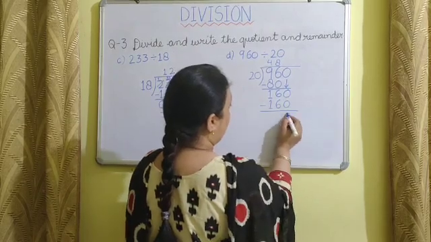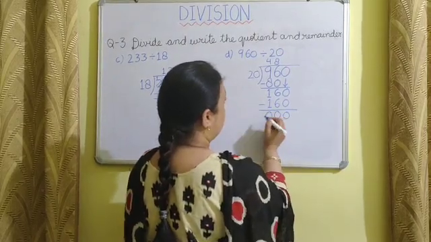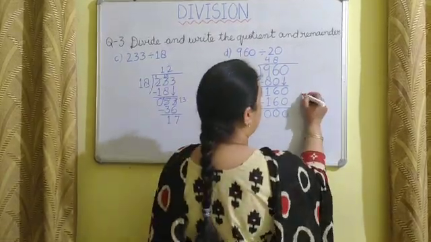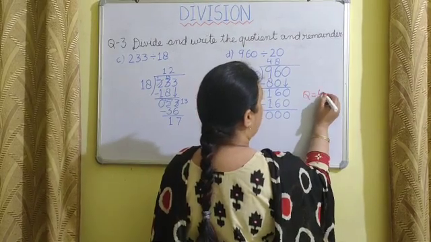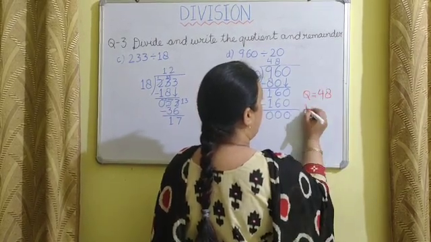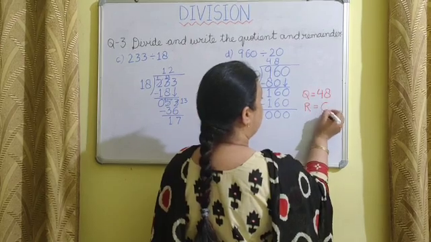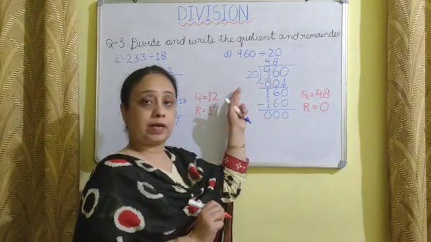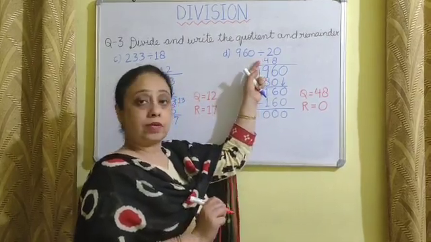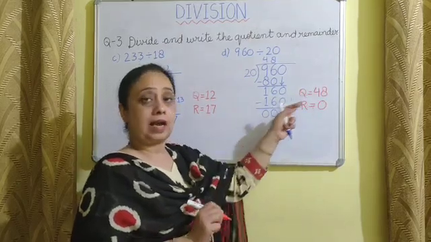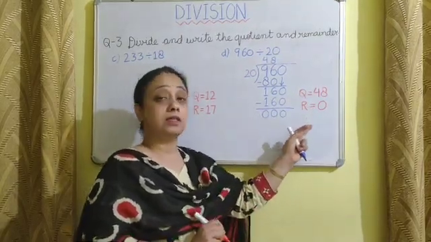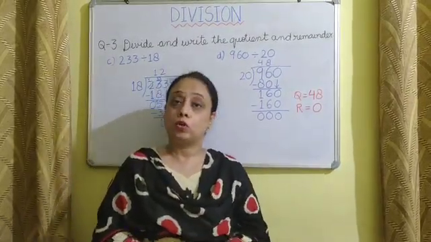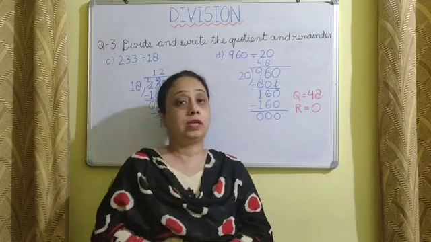Subtracted, 0, 0 and 0. So what is the quotient here? Our quotient is 48 and the remainder is 0. When dividing 960 by 20, our result of division, that is the quotient, is 48 and the leftover, that is the remainder, is 0. This is how we are going to do the division by 2-digit numbers.